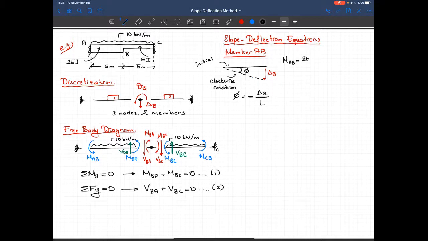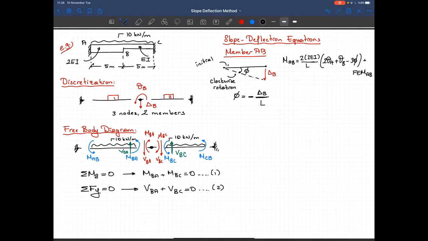So let's write down the equation 2EI over L. Sorry, the EI is 2EI, so I got 2 times 2EI, 2 theta A plus theta B minus 3 times chord rotation plus fixed end moment AB.